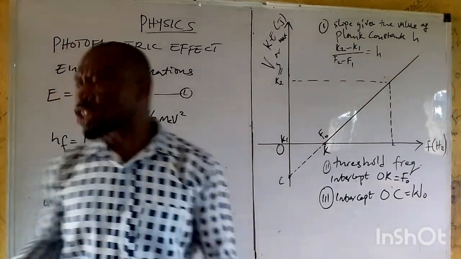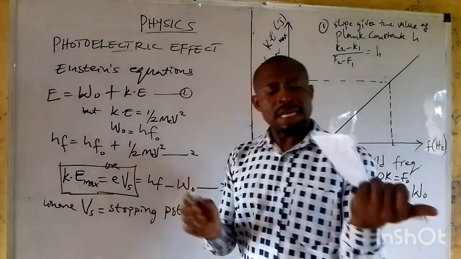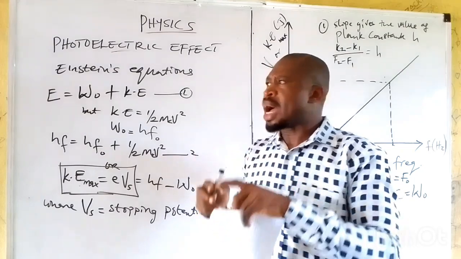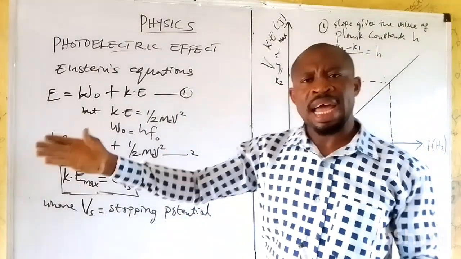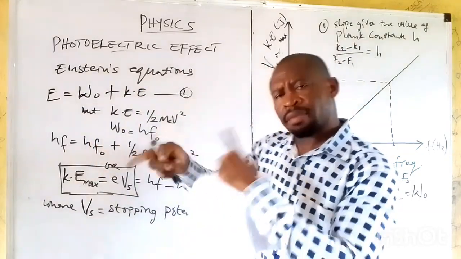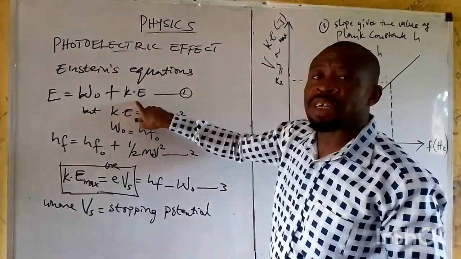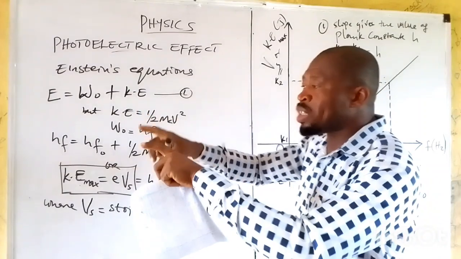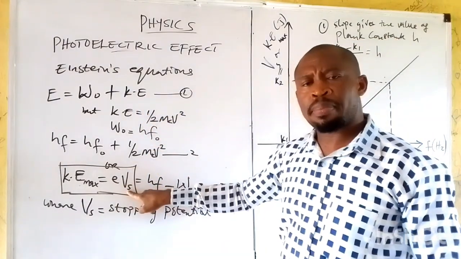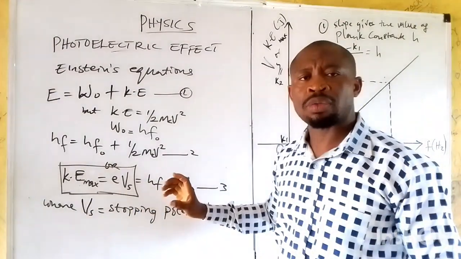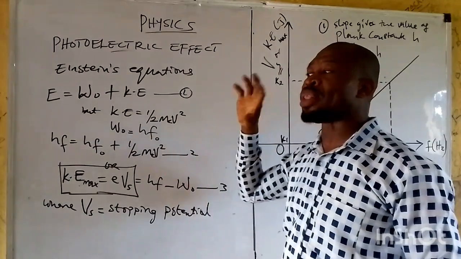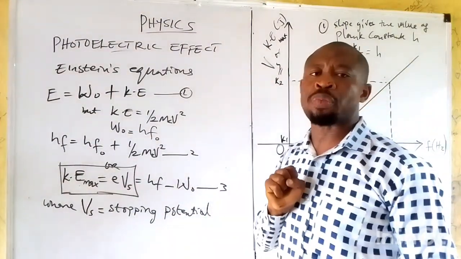Now, this stopping potential is a retarding potential or a negative potential. Remember, once electrons are emitted from the cathode, immediately it is given kinetic energy and moves straight to the anode. If you remove this stopping potential, that emitted electron will move straight to the anode, which will absorb it.